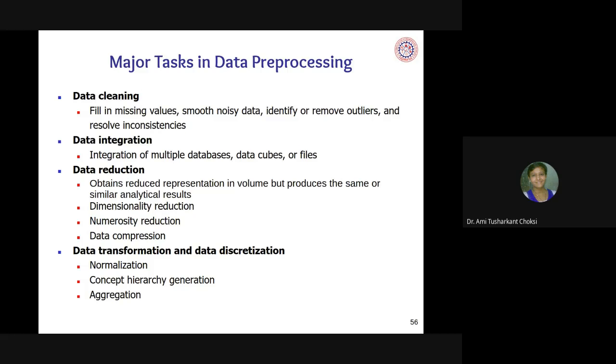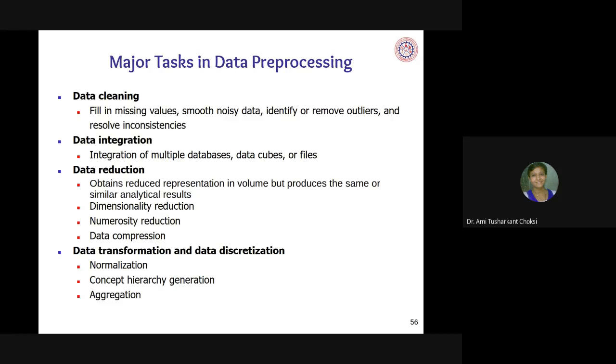What if I do the reduction, but I'm not getting the same or similar analytical results? If I'm not going to get that, then what is the meaning of reduction? What was my purpose? Whatever the data is, based on that I should be getting the analytical results.